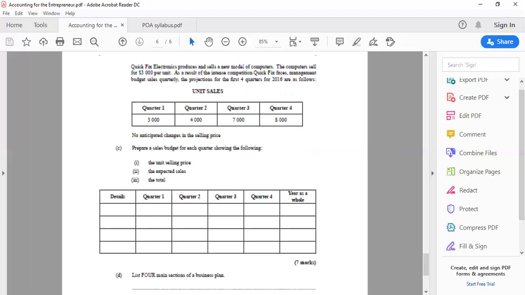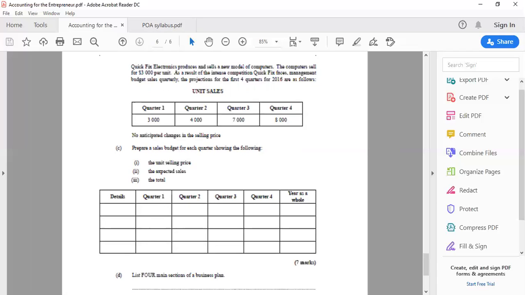You have to find out the total. To find out the total is very simple. It will simply be your expected sales for the quarter multiplied by your unit price, and that will give you the total. So everything is given to you. Basically, what you are doing for that 7 marks is just filling it into this table, right?